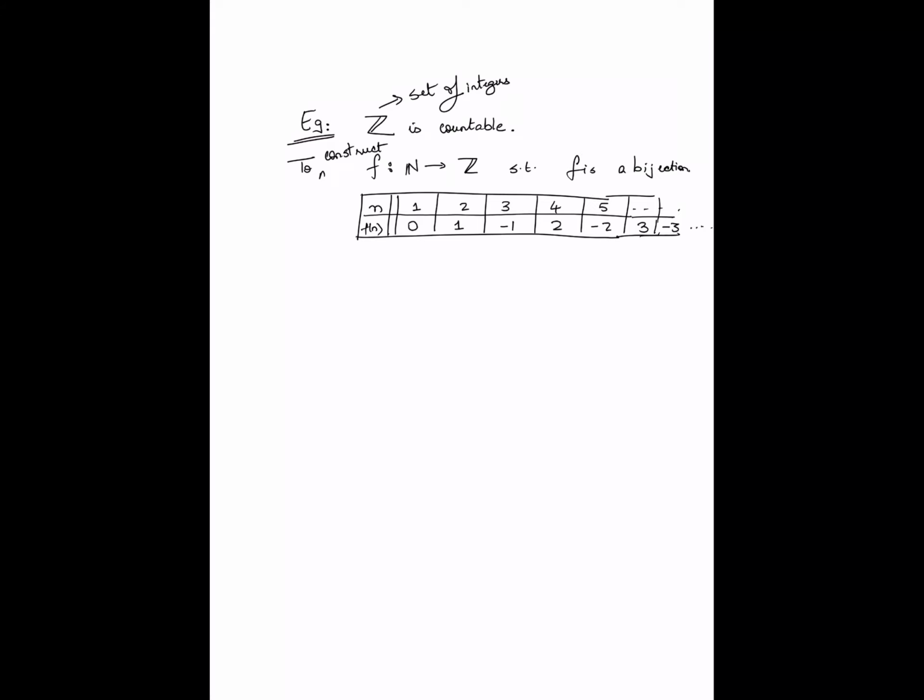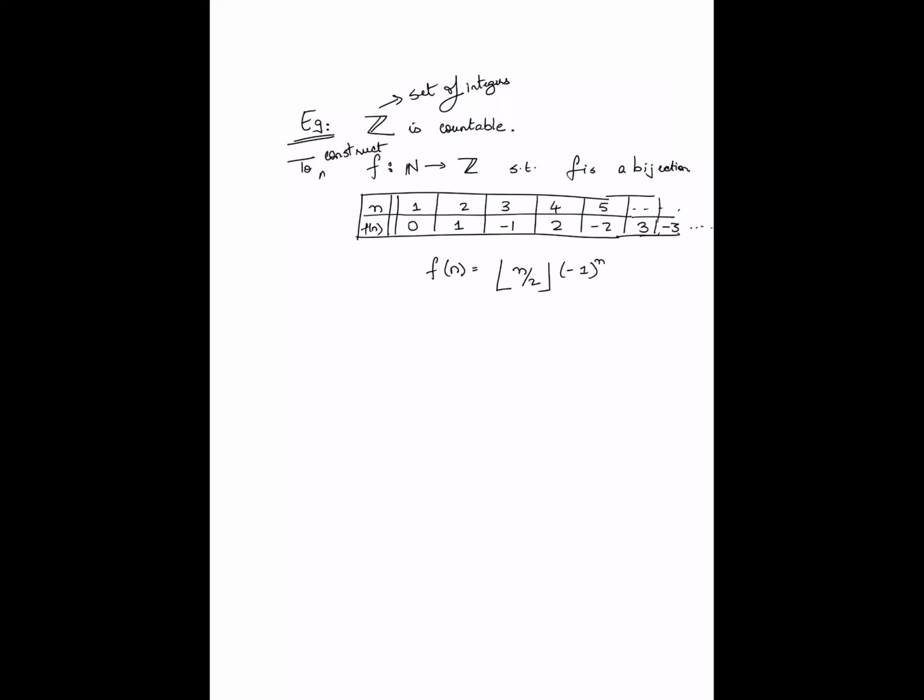If you want a more written down definition of f, then you can check that f of n is basically, the way I've done it, the floor of n by 2 times minus 1 raised to n. So this is how I'm going to define f of n.